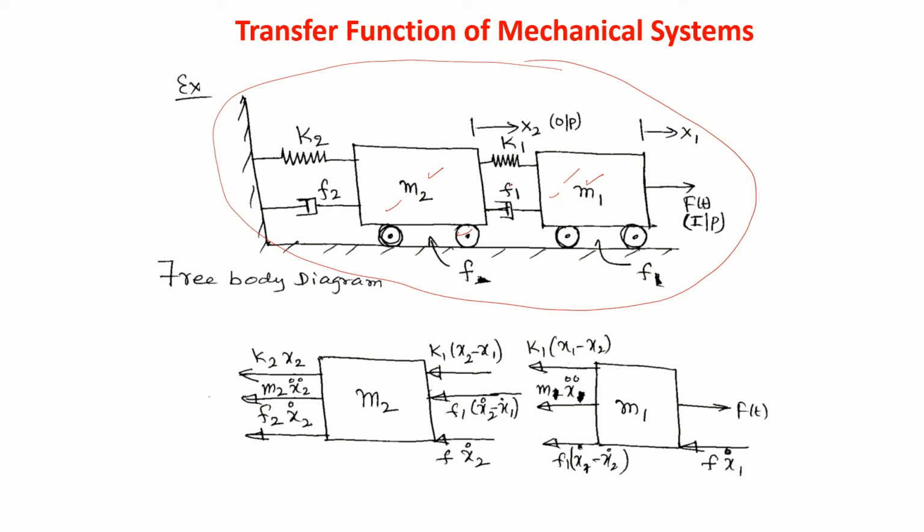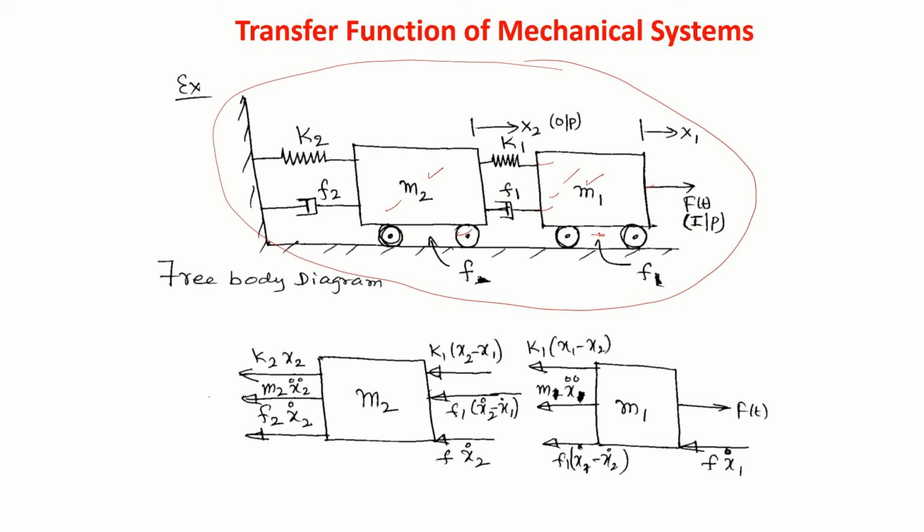So now I have given all this. Now I want to write the differential equations. So now what you do is you take this part for M1. How many connections are there? 1, 2, 3.